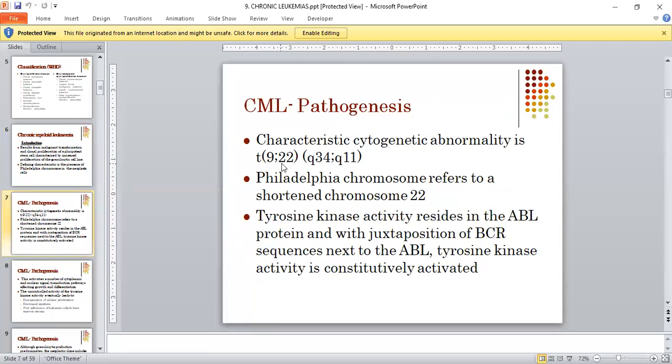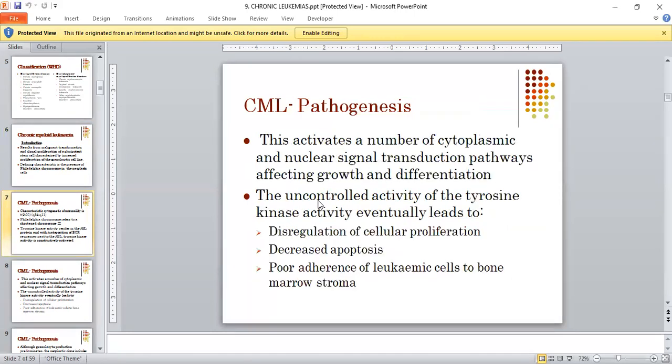So yeah, this is it. Mentioned, Philadelphia chromosome is shortening of chromosome 22.